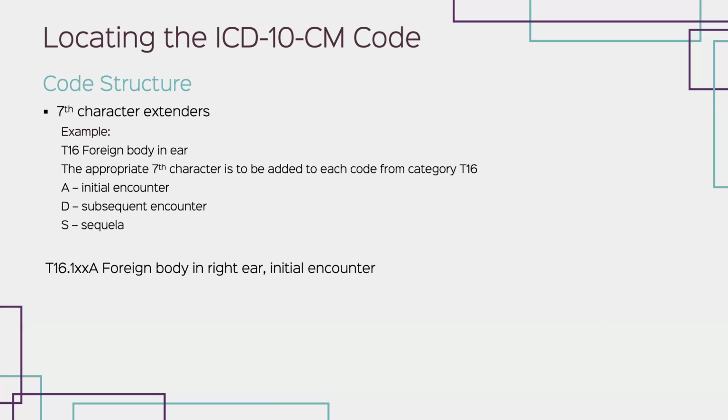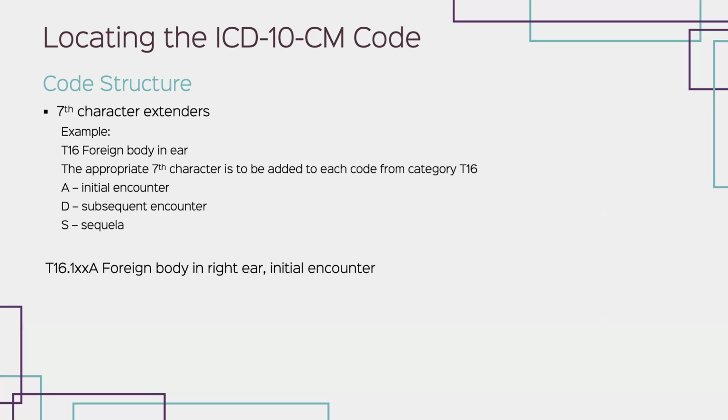And then we talked about some that need 7th characters. Some of your codes will require a placeholder in order to make the code long enough for your 7th character to be reported within your 7th position. So for example, if you look at the bottom of the screen, you've got T16.1. It doesn't have a 5th or a 6th character within the code.